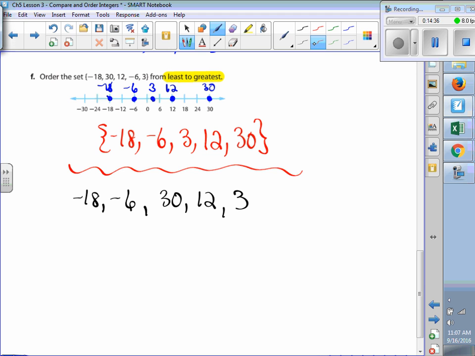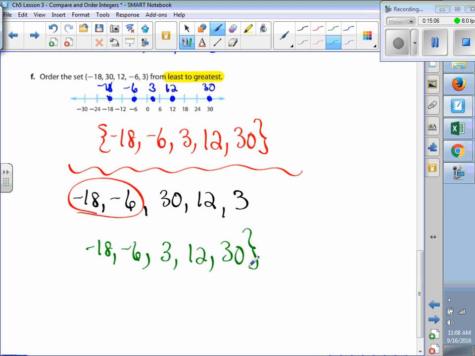Here, we can compare the -18 and the -6. Which one is smaller, -18 or -6? -18. So that's how this is going to be -18, -6. And over here, we just compare the positives like we already know how to do since grade school, right? So that would be 3, 12, and 30. And then don't forget your brackets. You got it? All right, last one.